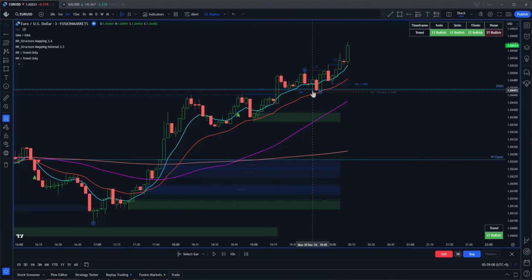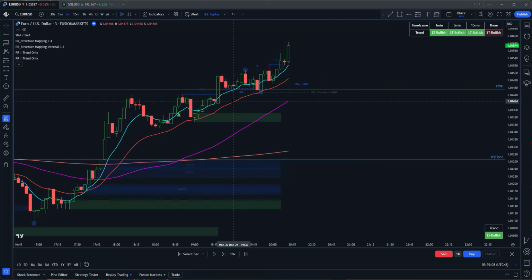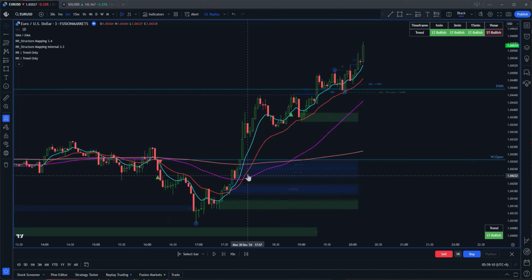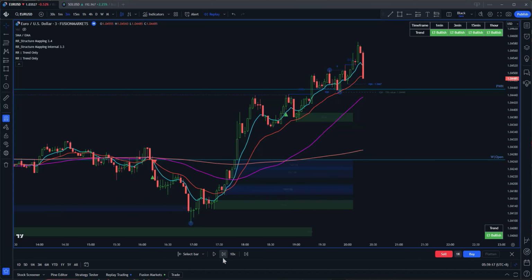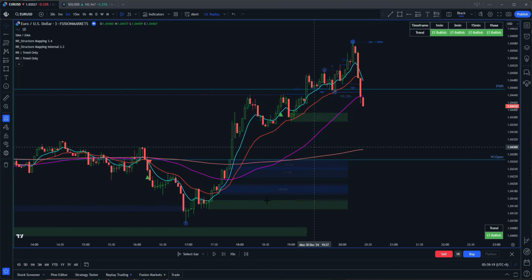But also I want to see at least shorter term bearish, and then subsequently the longer term bearish based on these moving averages. Why? Because we have the bullish trend. So in this case, now the low is taken out. So this strong low on the 3-minute time frame is taken out.